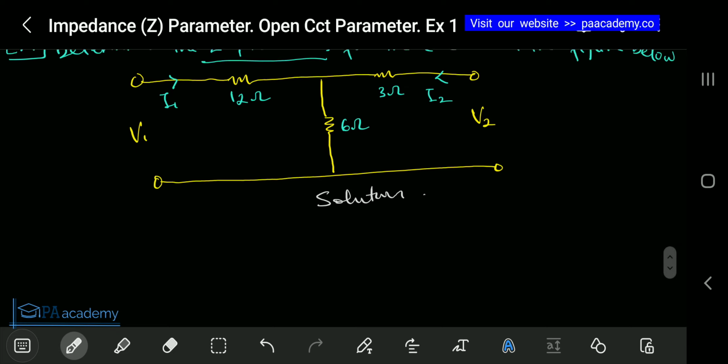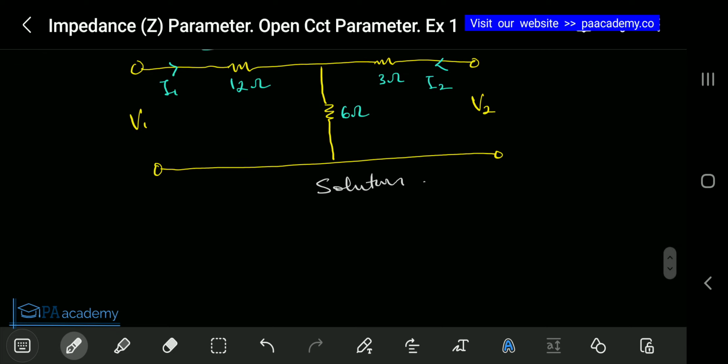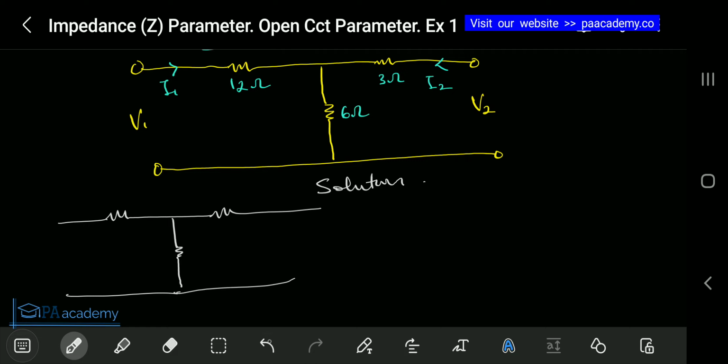So first thing I like to do is redraw the circuit to have it like a normal circuit. So redrawing it, I'm going to be having something like this. And then here will be the branch for the 6 ohms.